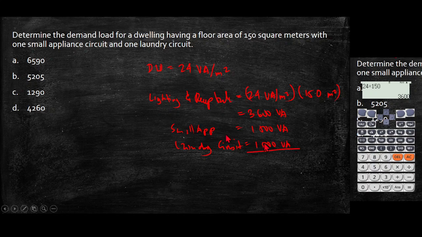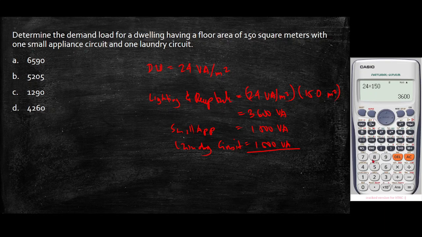So we have 3,600 plus 3,000, which is 6,600 volt ampere.